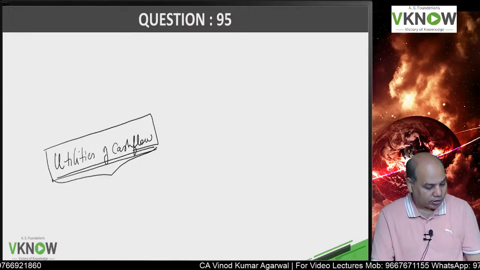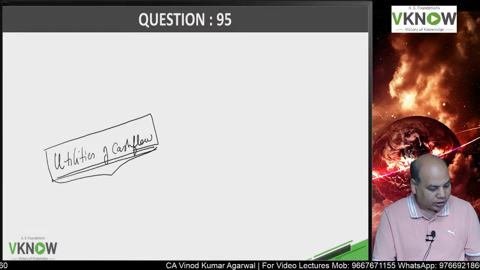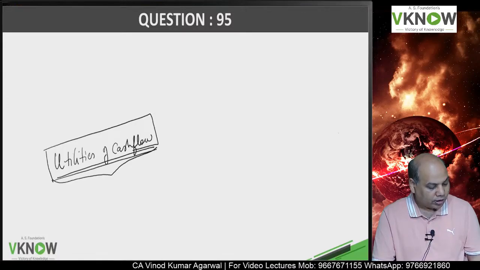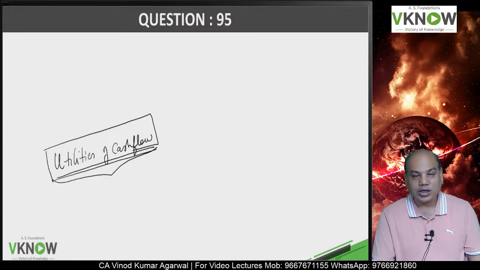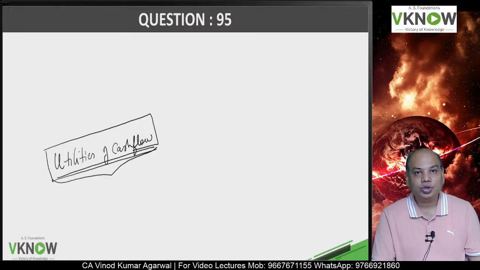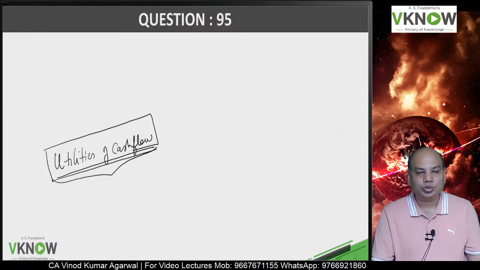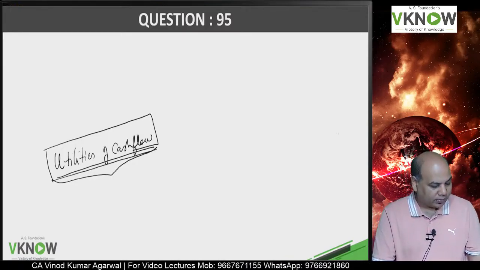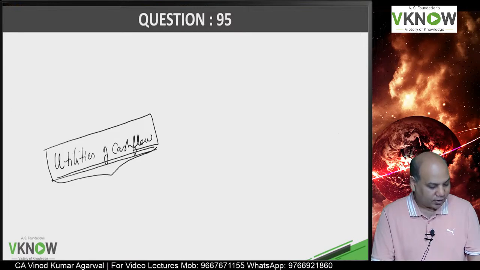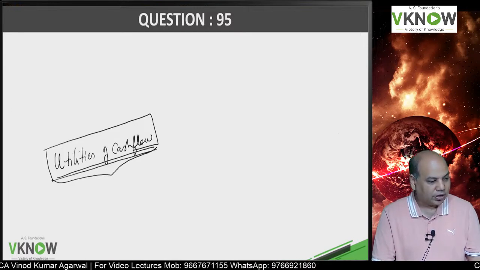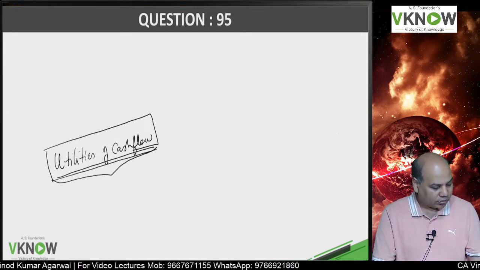Now there are two projects. The distribution of the cash flow of project A and project B are as given below. Project A cash flow is given. You will substitute the cash flow by the utility. For example, 15,000 negative has a minus 100 utility. The second one is how much?